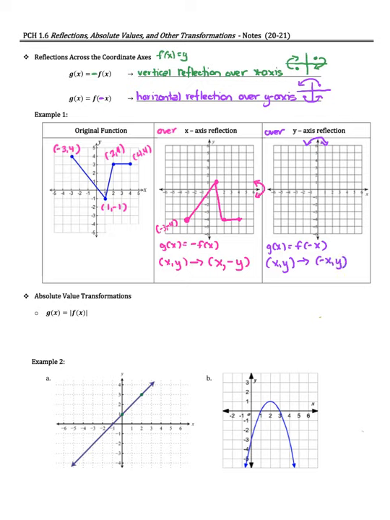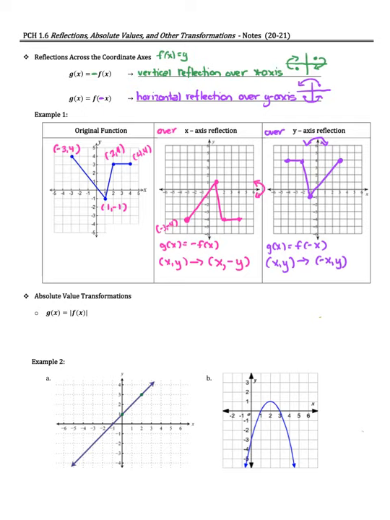So instead of negative 3, 4, it's now going to be a positive 3, 4. The y value stays the same. And my 2, 4 becomes negative 2, 4, and 4, 4 becomes negative 4, 4. And now we have negative 1, negative 1. And we just connect the dots. So it should look like it reflected over the y-axis.